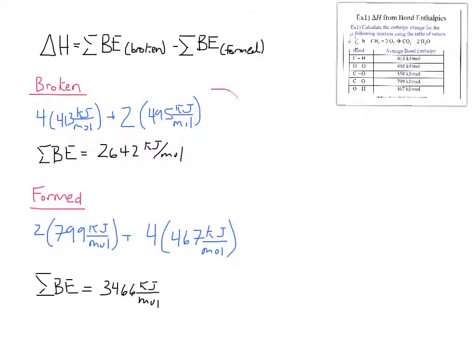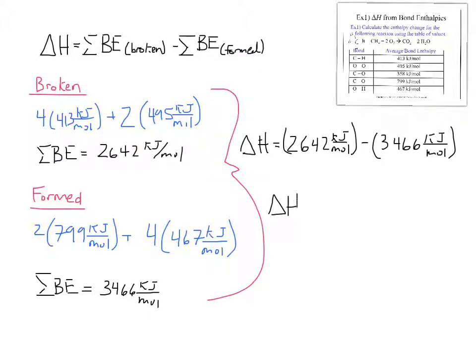So then in order to calculate the change in enthalpy, we're going to subtract the bonds formed from the bonds broken. And that gives us an overall value of negative 824 kilojoules per mole. What this means then is this is an exothermic process, so energy is being released, and it's a combustion reaction, so we could have predicted that beforehand.